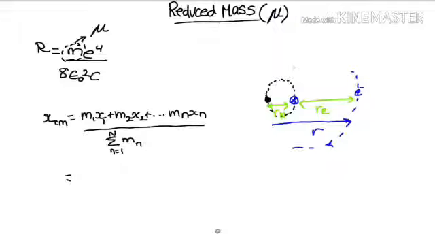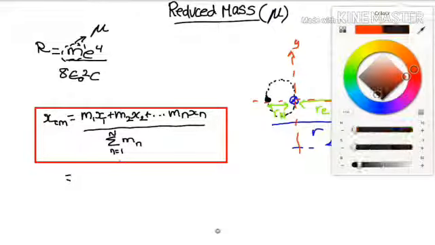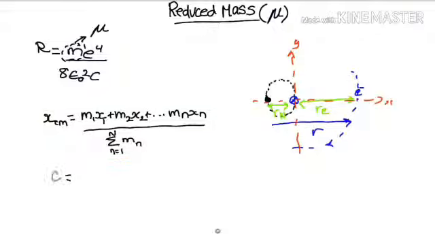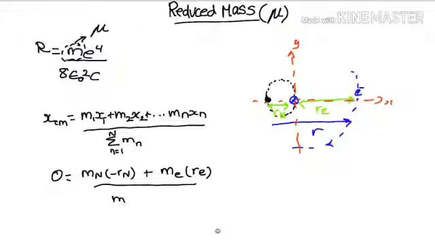We will use this as the y-axis, this is the x-axis, as the center of mass is 0, which is equal to mn, the mass of the nucleus, times negative rn, plus me, the mass of the electron, times re, in the positive direction, divided by mn plus me.